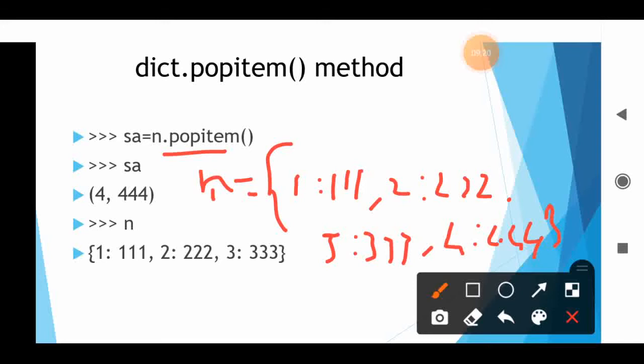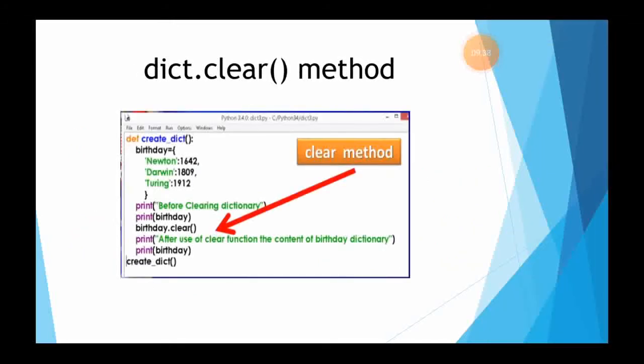It will remove the last element from the dictionary and it will display the result. Okay, now you can display the dictionary of N. You can check it. The last element from the dictionary is removed. This is called the popitem method. The next method is the dot clear method.